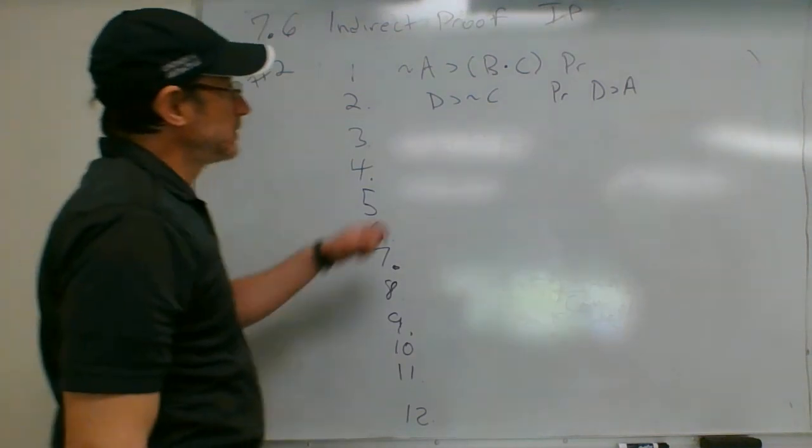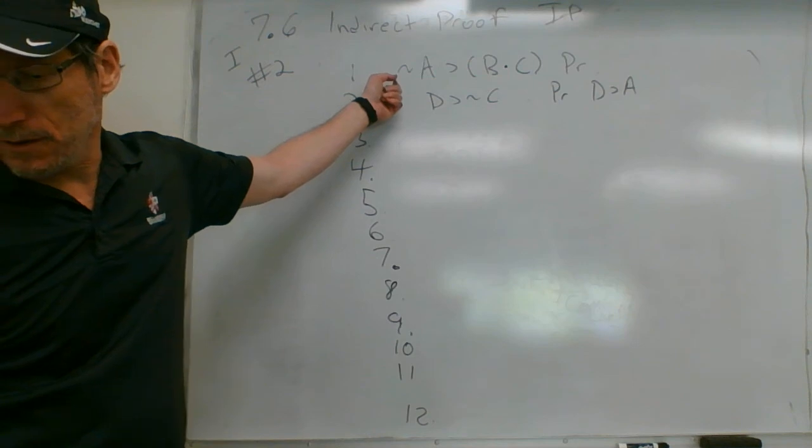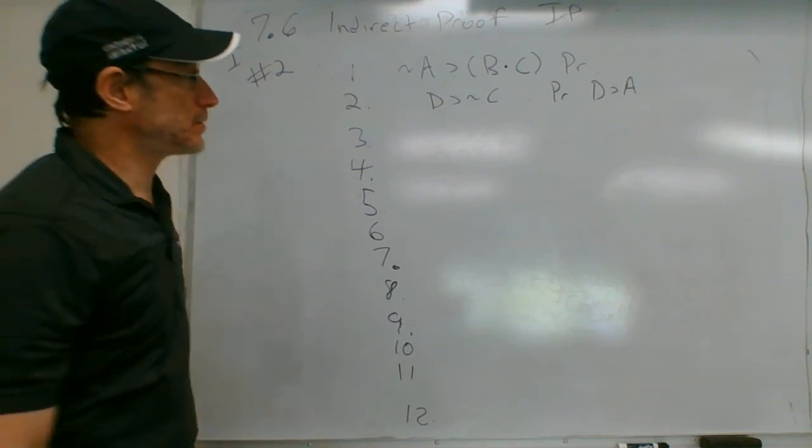All right: not A, horseshoe, B and C; D, horseshoe, not C; and then D, horseshoe, A.